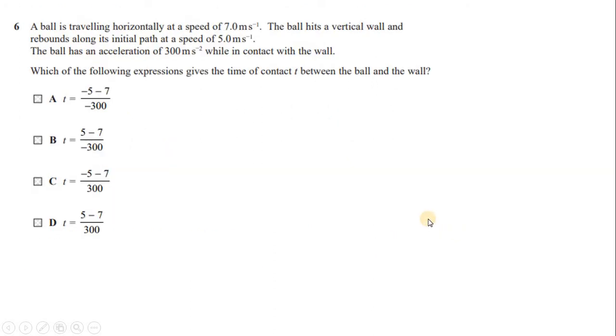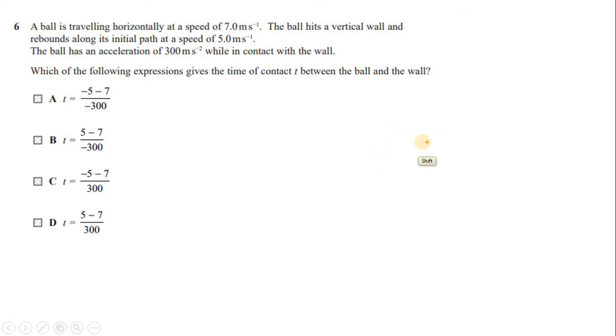Question number 6. A ball is traveling horizontally at a speed of 7 meters per second. The ball hits a vertical wall and rebounds along its initial path at a speed of 5. The ball has an acceleration while in contact with the wall. Which of the following expressions gives the time of contact t between the ball and the wall?